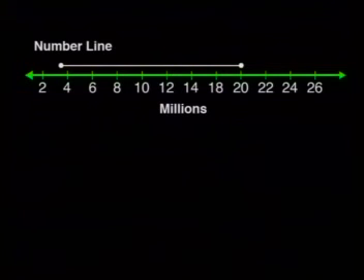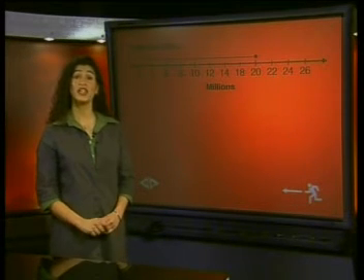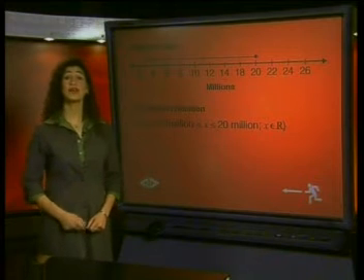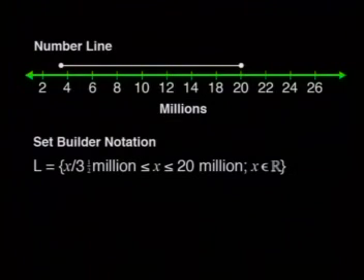Easy, hey? We can also represent this inequality using set builder notation, like this. L is the set of all x such that x is smaller than or equal to 20 million and greater than or equal to 3.5 million, where x is an element of real numbers. For real numbers, there is a third way of representing this set.